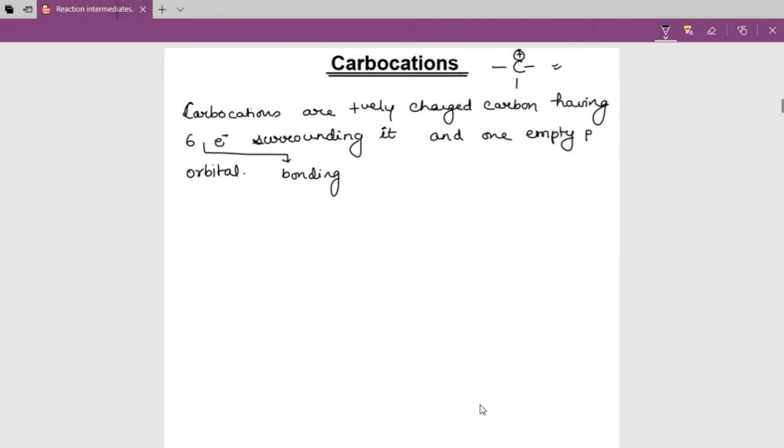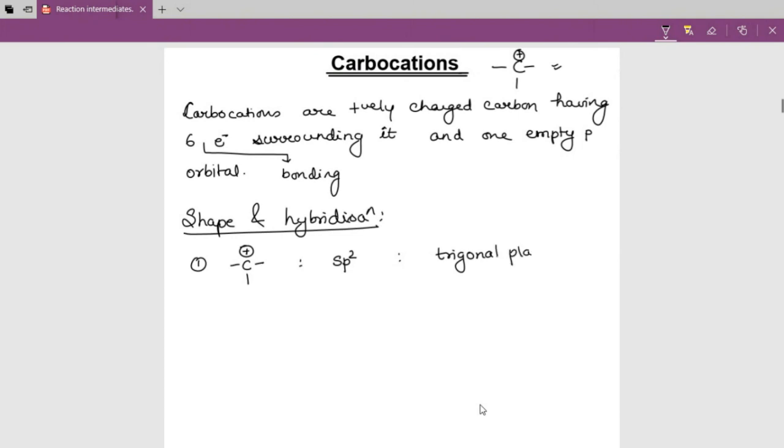Let us go to other possible shapes and the hybridization factor. Shape and hybridization of carbocation. First, if it is having 3 sigma bonds and 1 empty p orbital, then it is going to be sp2 hybridized, and when it is sp2, it is going to be trigonal planar.